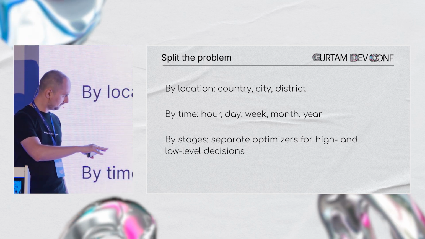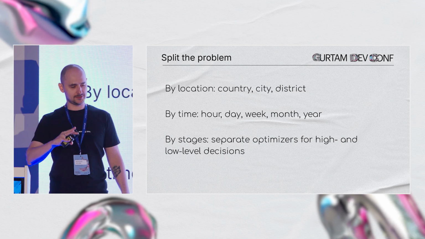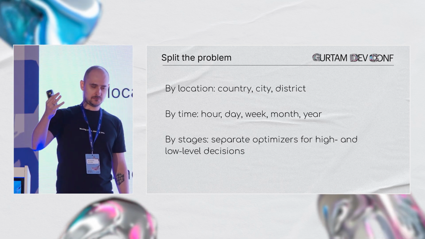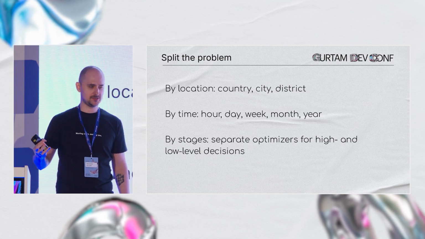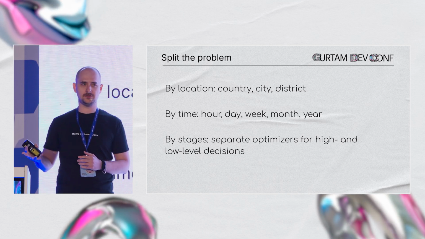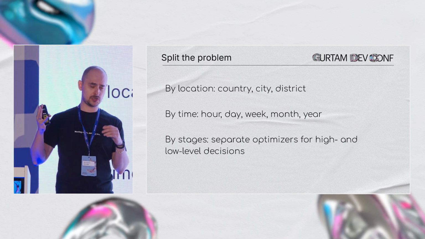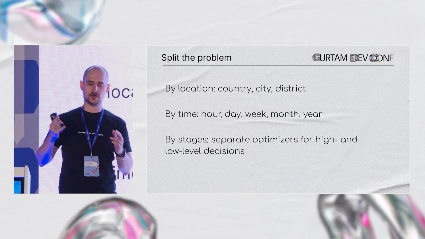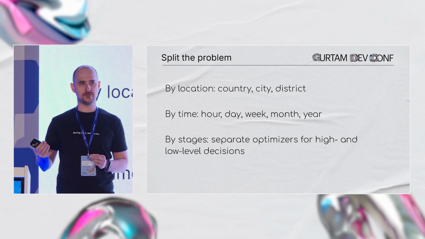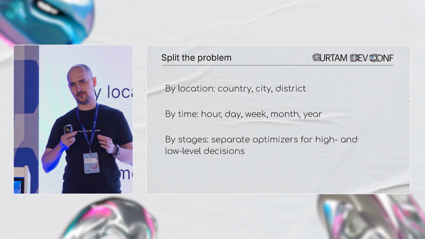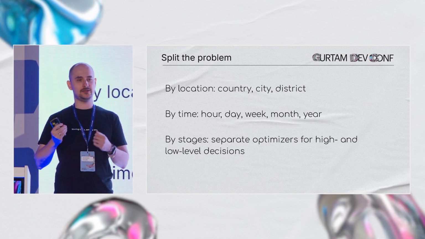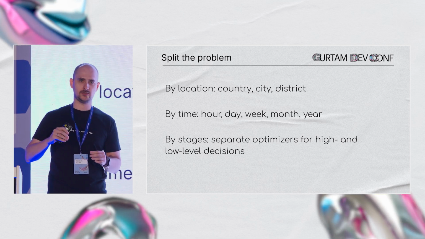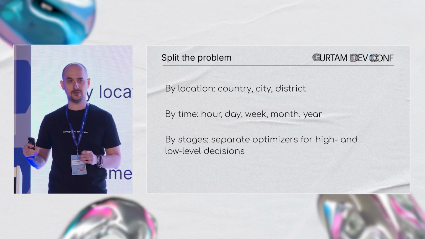Or you can have separation by stages, which are not that dependent. For example, you can have different optimizers for big and low-level decisions. One of them is assigning containers to cargo ships, so you want to decide which container to deliver with which cargo ship. And another optimizer is deciding on the position of a container within every specific cargo ship.